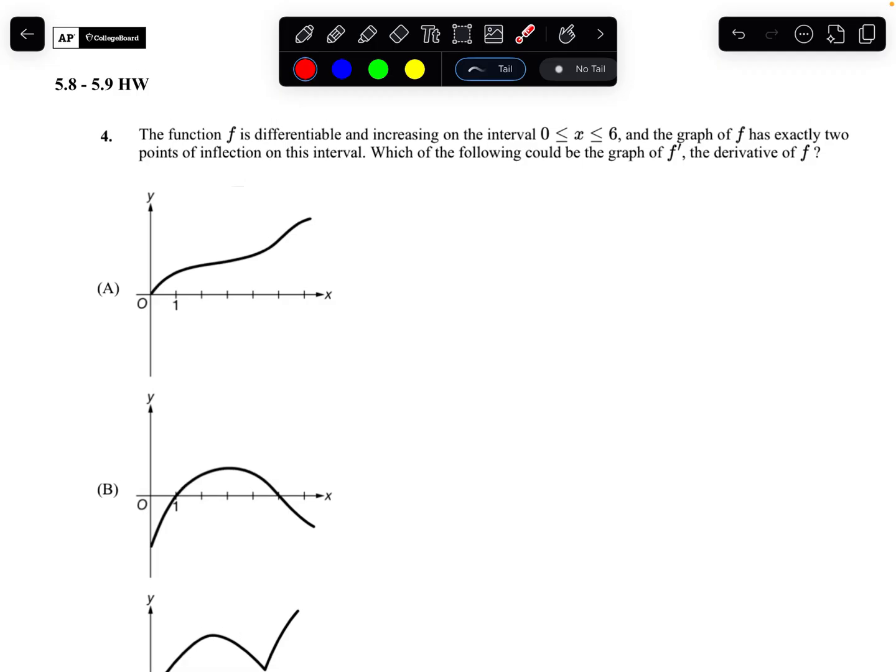Has exactly 2 points of inflection. Which of the following could be the graph of f prime, the derivative of f?